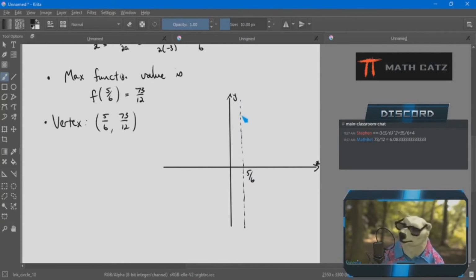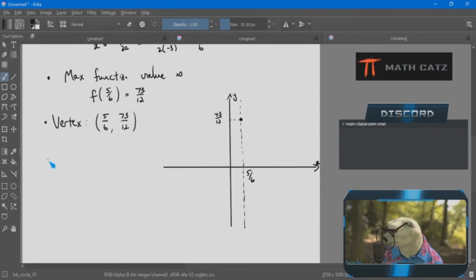The y-coordinate is much higher. Let's put it over there at 73 over 12, and I know it's bending down. Now, what would be nice to know is, is it really narrow and going down like this, or is it a little flatter and going down like that? If I know the y-coordinate, then I have a better idea of how I should curve it.